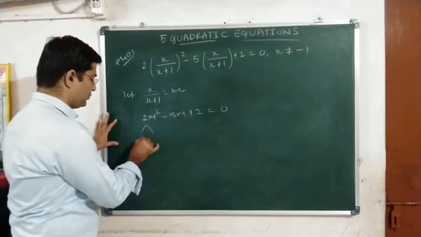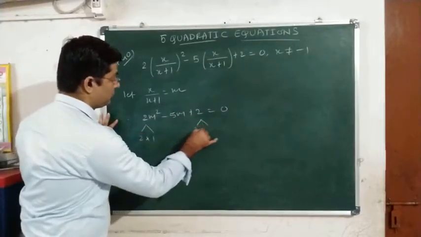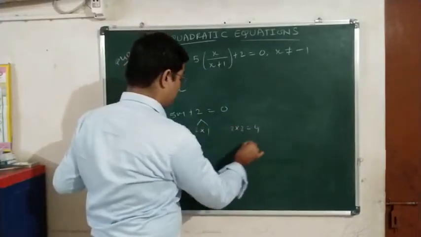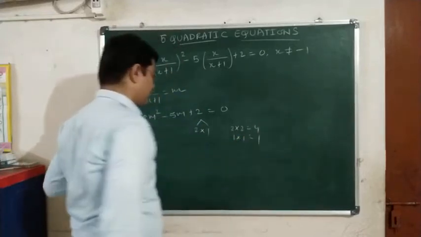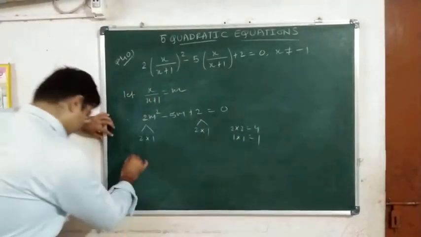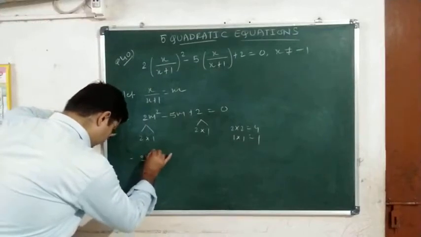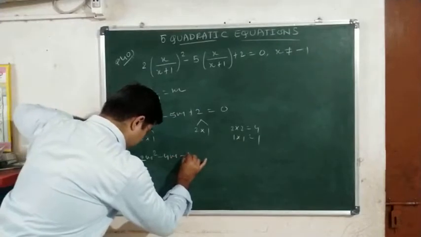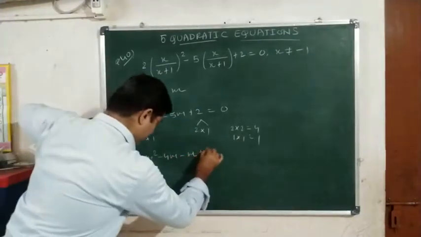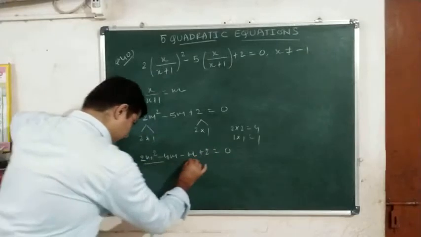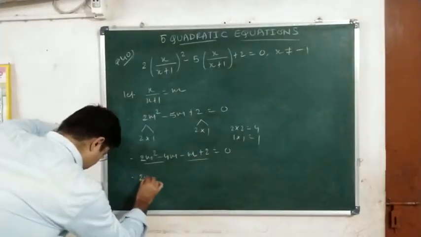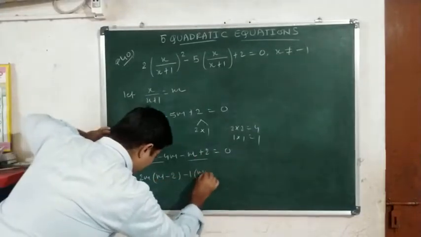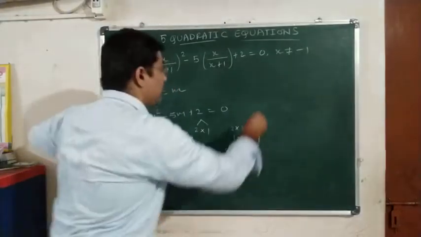Here 2 ones are 2, here also 2 ones are 2. So we have 2 into 2, 4, and 1 into 4 is 4, 4 plus 1, 5. So 2m square minus 4m minus 1m, or simply m we can write, plus 2 is equal to 0. Taking 2m common from the first bracket, m minus 2, minus 1, m minus 2 is equal to 0.